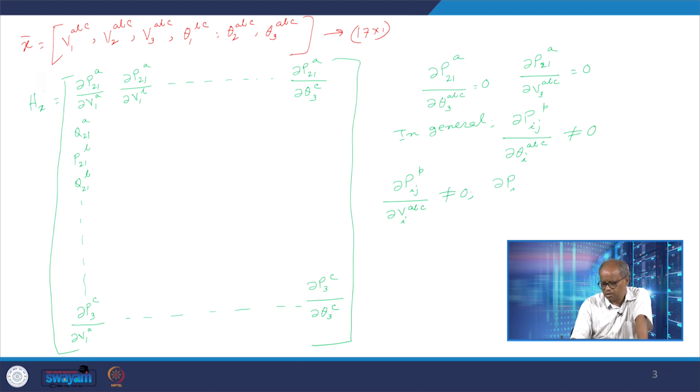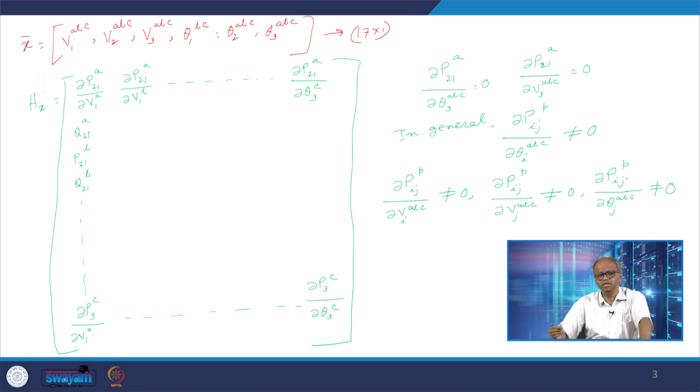Then del Pijp by del VJABC would be non-zero, and del Pijp by del theta JABC also would be non-zero, because Pijp would be a function of only VIABC, theta IABC, VJABC, and theta JABC.